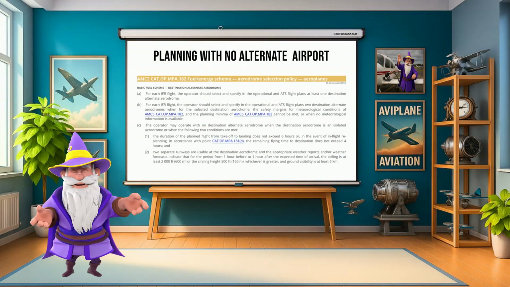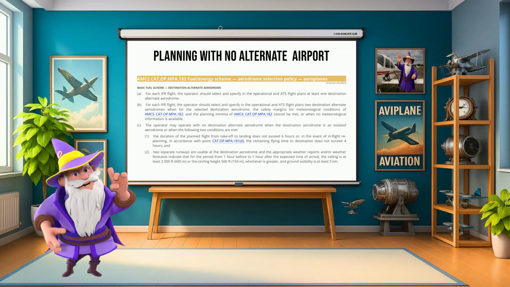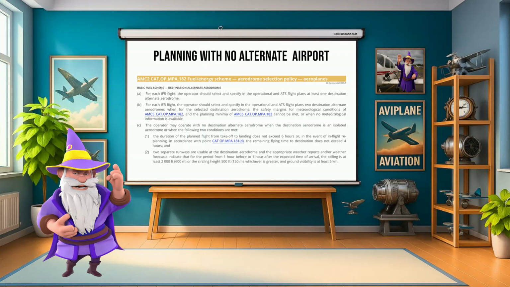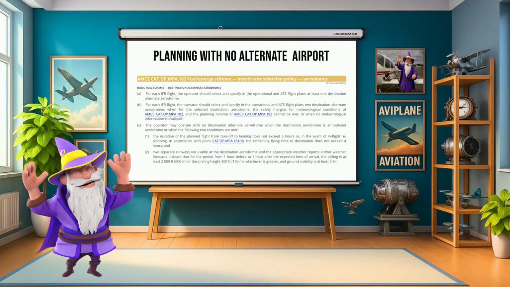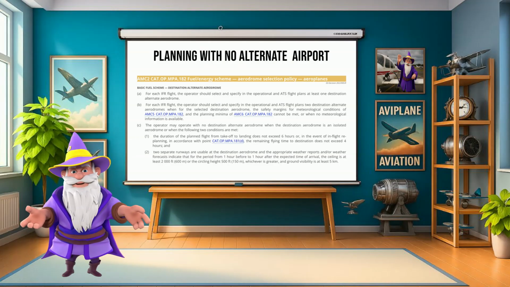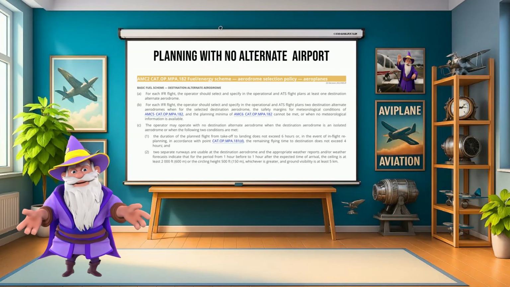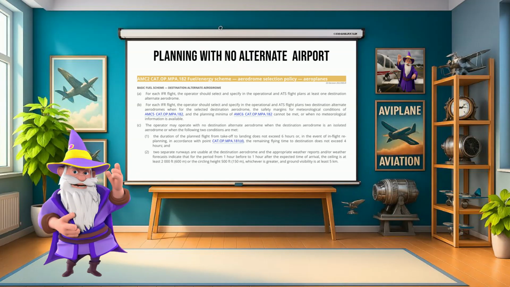You may also be allowed to fly with no alternate airport if the following two conditions are met. 1. The duration of the planned flight from takeoff to landing is less than 6 hours, or in the event of in-flight replanning is less than 4 hours to your destination.